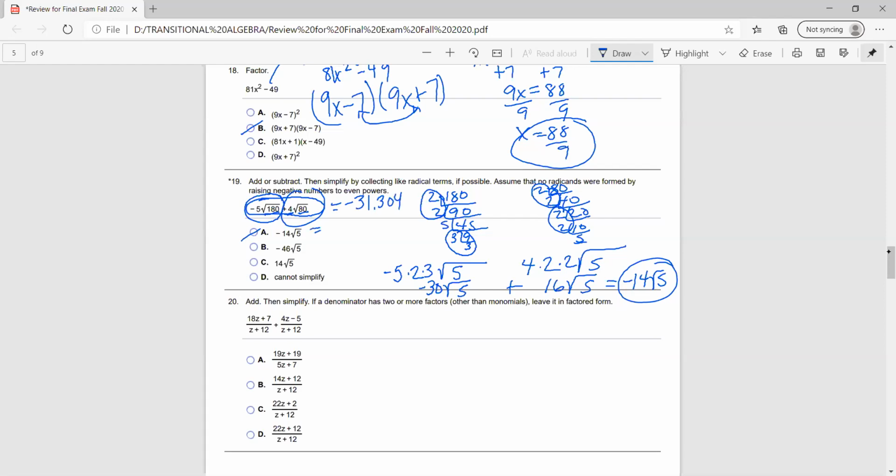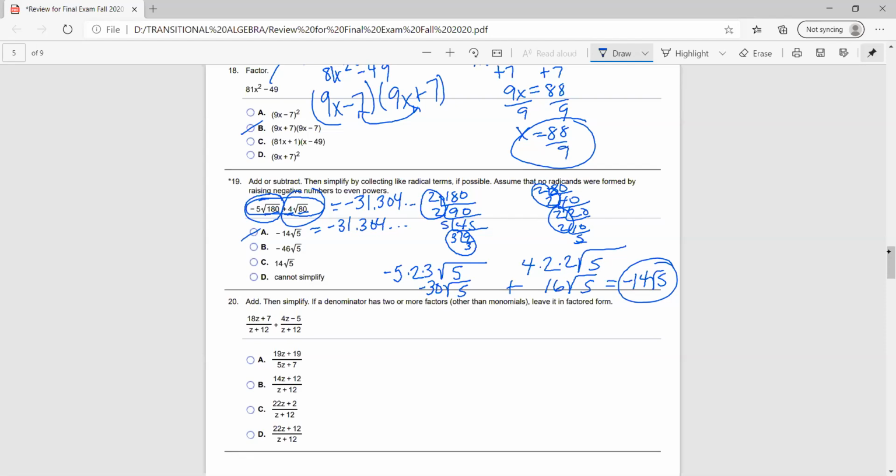Okay, and if I want to check and make sure they match, I could say negative 14 second square root 5 in my calculator. Guess what it came up with? Negative 31.304, and it keeps going just like that one did. So if they don't match, it's not the right answer.